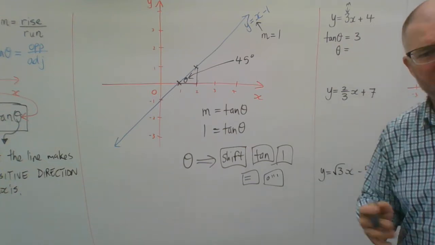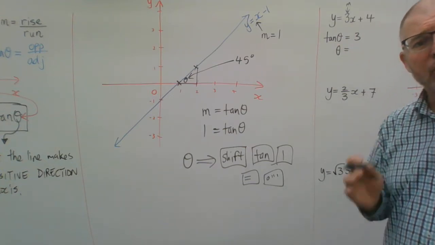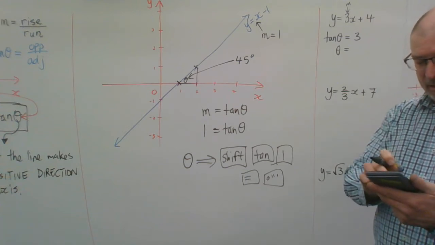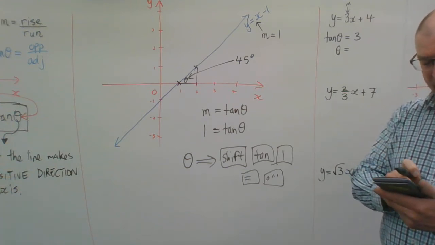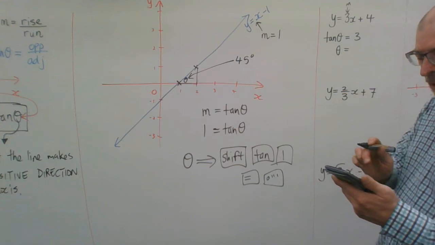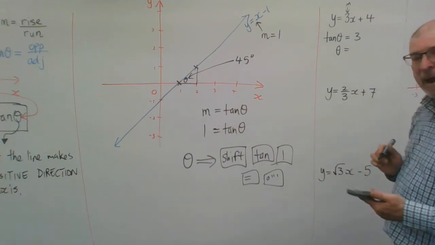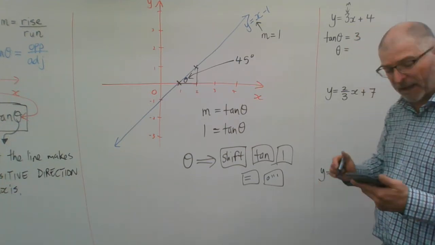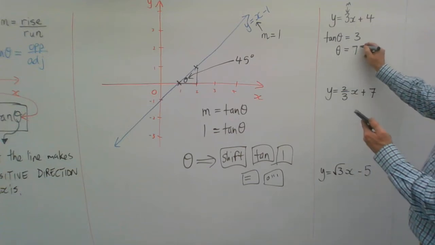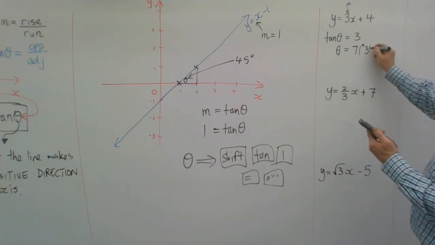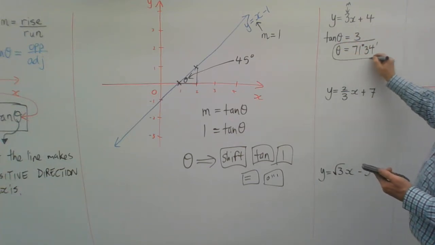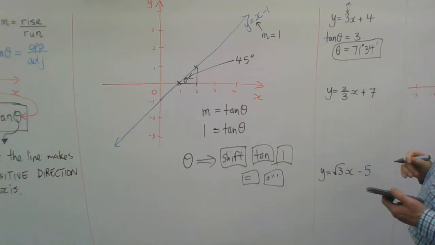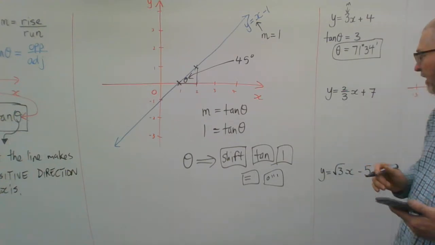In this case, the trig ratio was tan, so shift tan of 3 equals. And press the degrees, minutes, seconds button, and you get 71 degrees and 34 minutes. The angle that that line goes up is 71 degrees and 34 minutes.